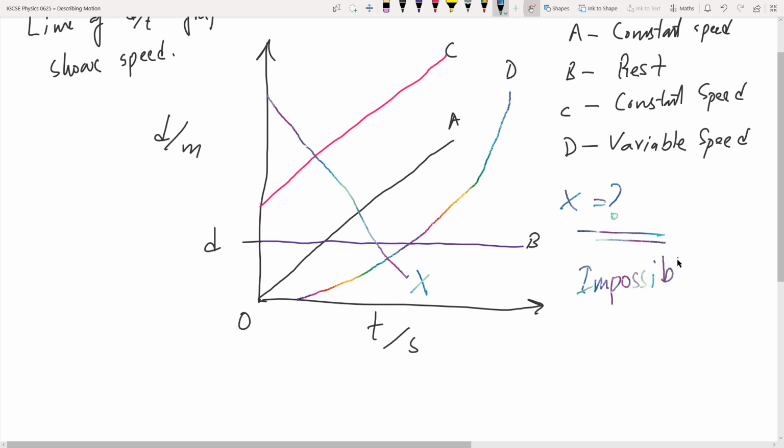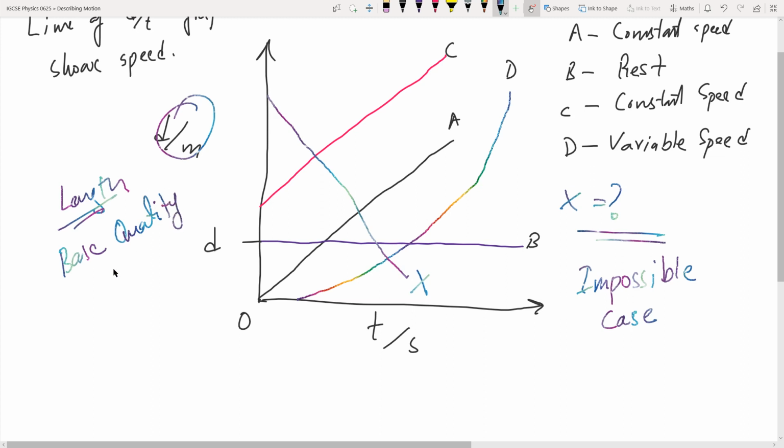And why am I going to call this an impossible case? Because if you remember, we discussed that distance is actually length, right? And length is a base quantity. And no base quantity can be negative. Base quantities can't be negative, right?